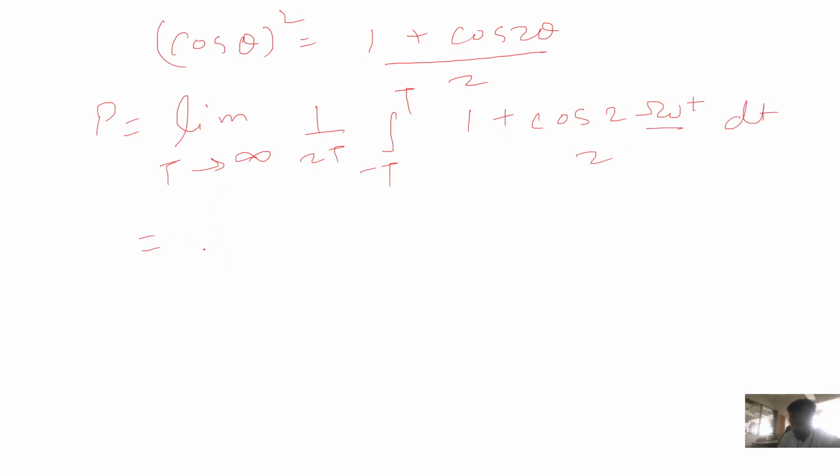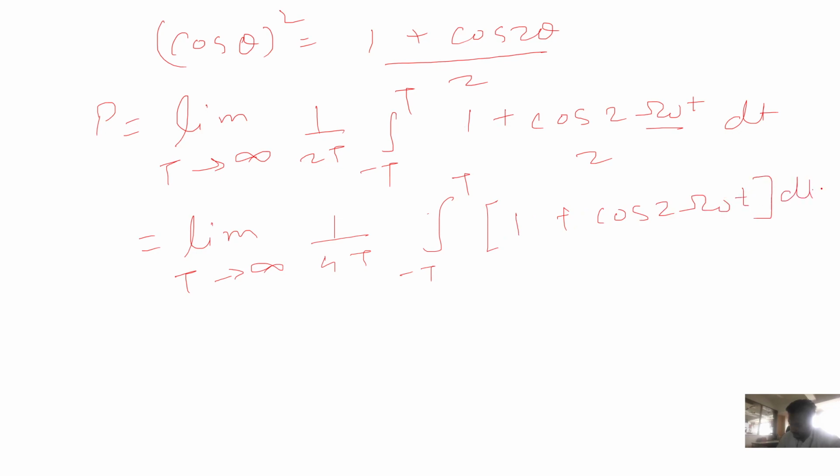The 2 comes out, so limit t tends to infinity 1 upon 4t integration minus t to t 1 plus cos of 2 omega 0 t dt. We did this in the previous example.